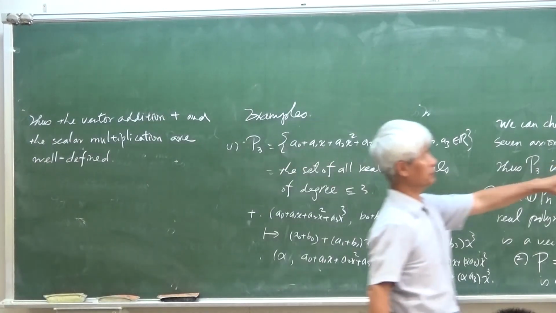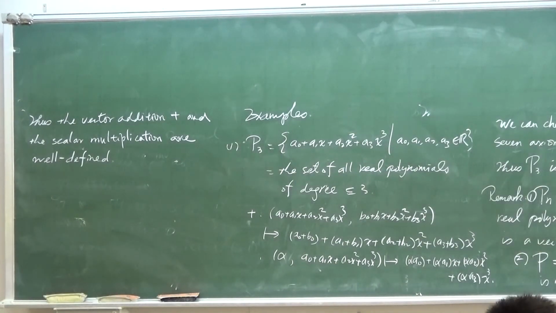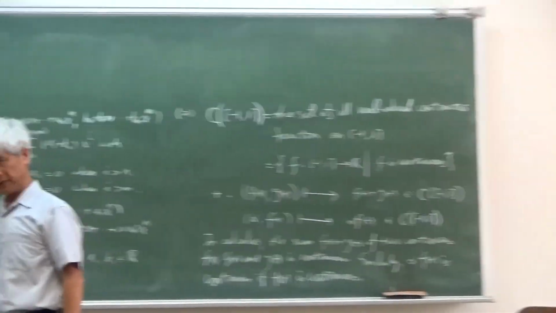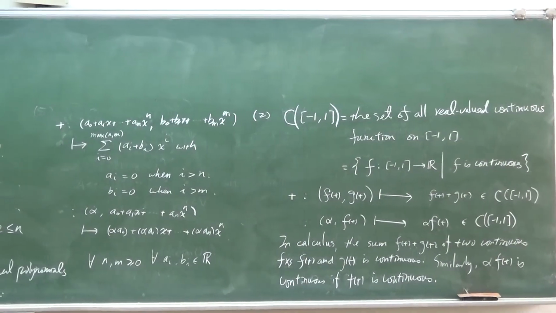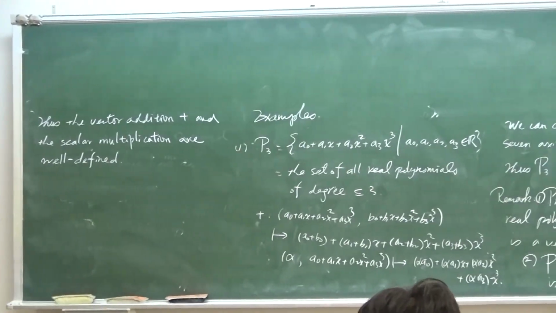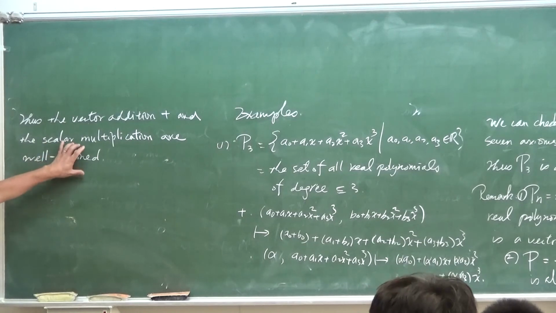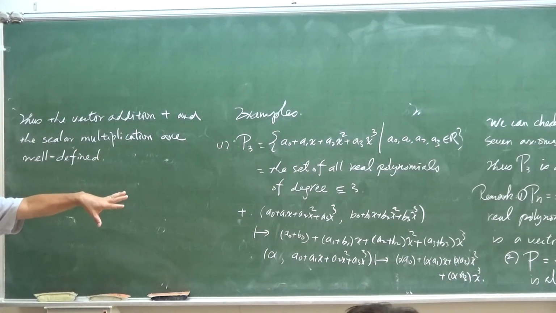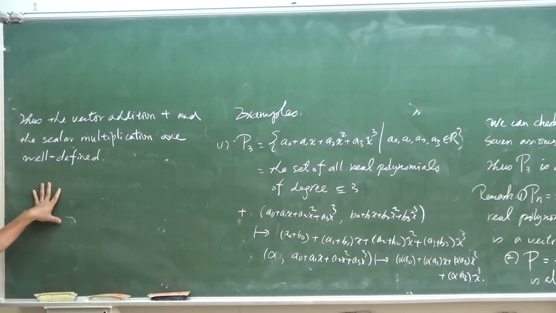As the vectors become more and more complicated, defining vector addition and scalar multiplication becomes more complicated, and then you have to check whether the vector addition is well defined, and also that the scalar multiplication given is well defined.